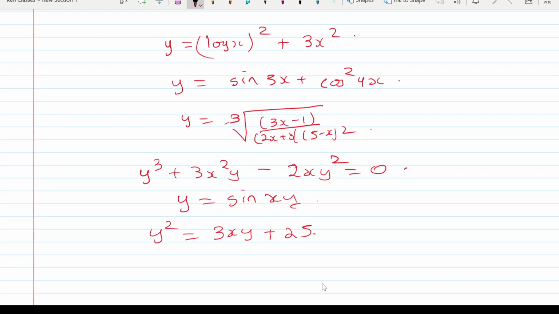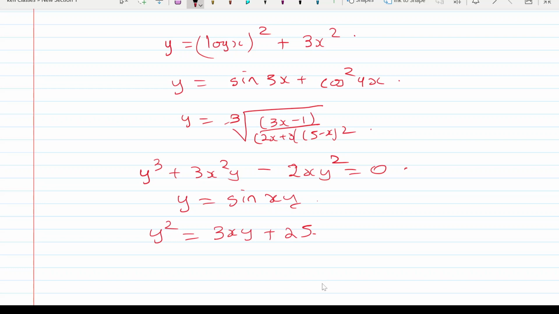And we know how to find the derivatives of these functions. We have learned how to find the derivative of (log x) the whole square: it's 2 log x into 1 by x plus 6x. For the next, the answer is 5 cos 5x minus 2 sin 9x, whatever comes. And then for this one we just solved, take 1 by 3 log of that and the answer will come.